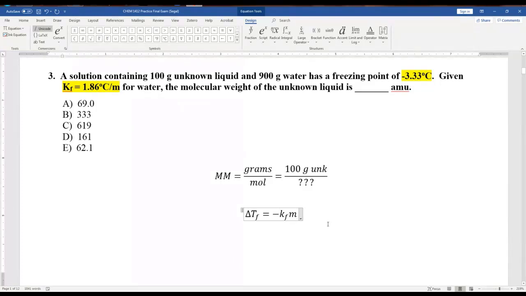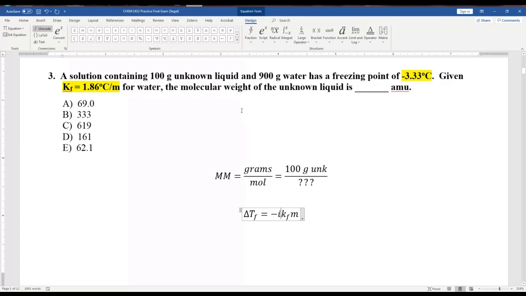However, you may also see it in terms of iKFM, in which case the molality will be the molality of the solute. As a general rule, I like the iKFM a little bit better just because it reminds me that I have to look for if the compound breaks up into ions.